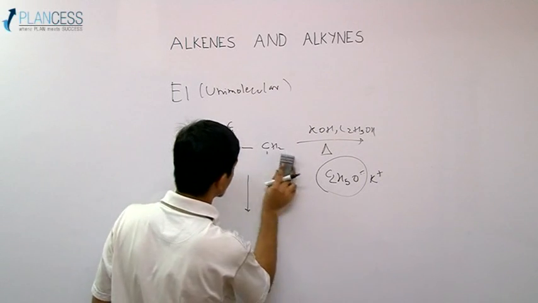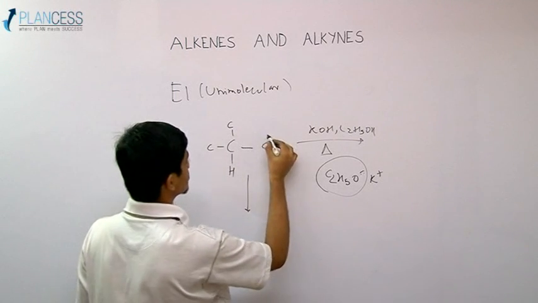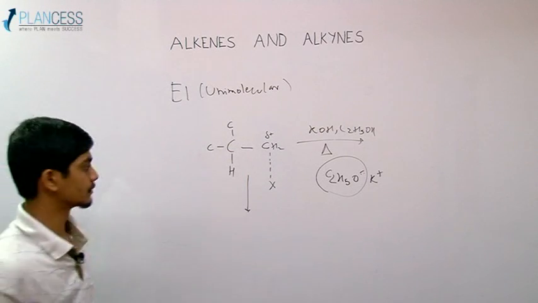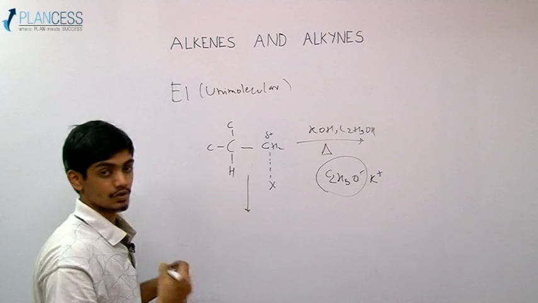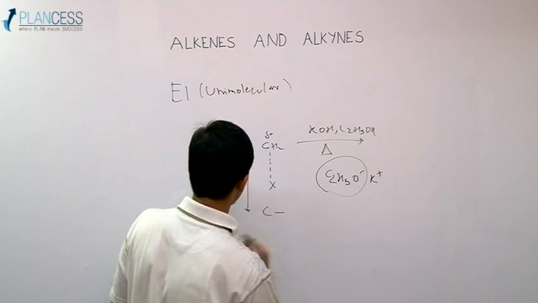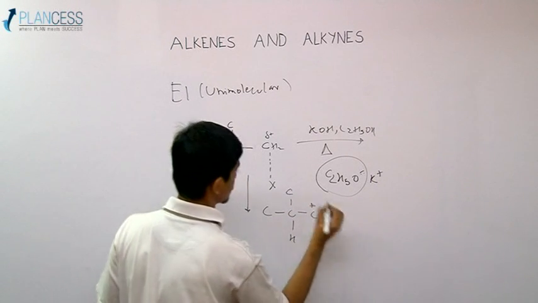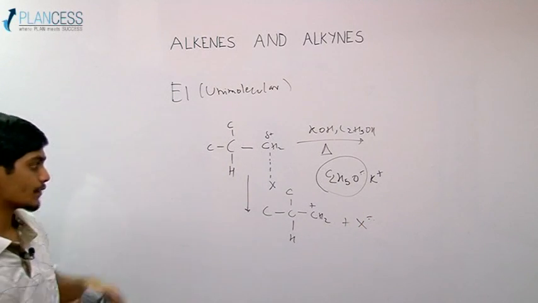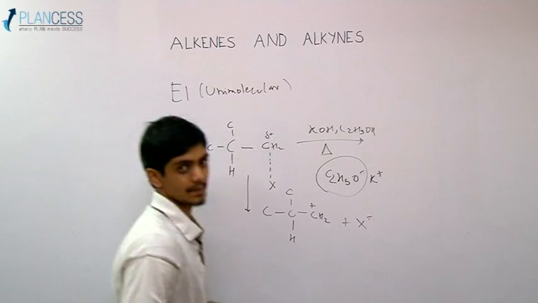This bond breaks. That means this carbon gets a positive charge, and we get a carbocation, with H plus, and there is production of X minus. So this is the first step in the E1 mechanism.